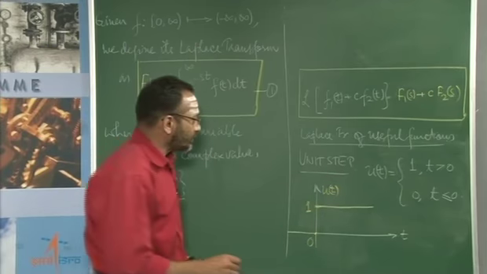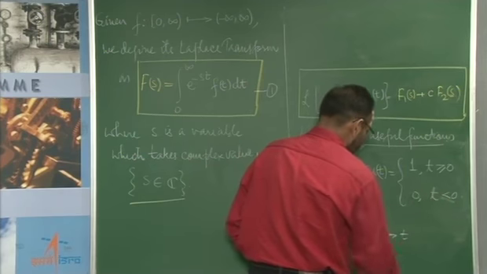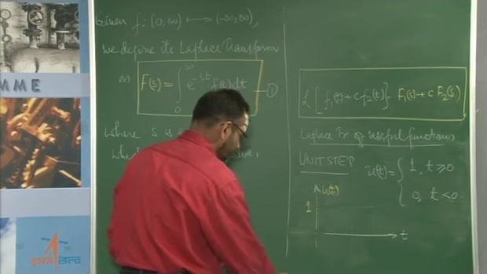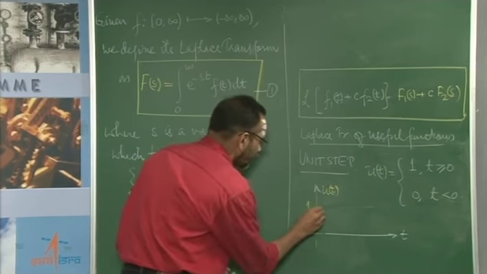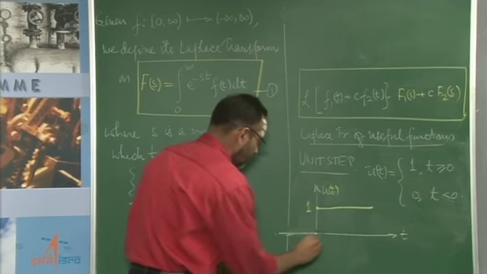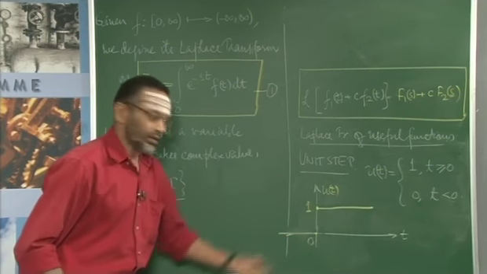So, we will stick to t greater than or equal to 0 being 1 and 0 for t less than 0, which means our graphical representation as I did before is going to be this is 0. Please observe that I put the dot there.